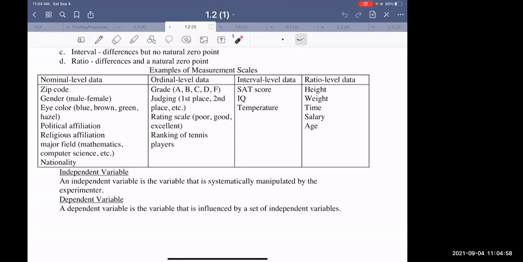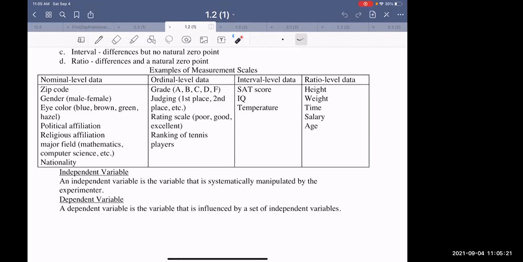So notice scores. If I say I got a score of 50 on the IQ test, and you got a score of 75, well, that's 25 points bigger. So I can say that.